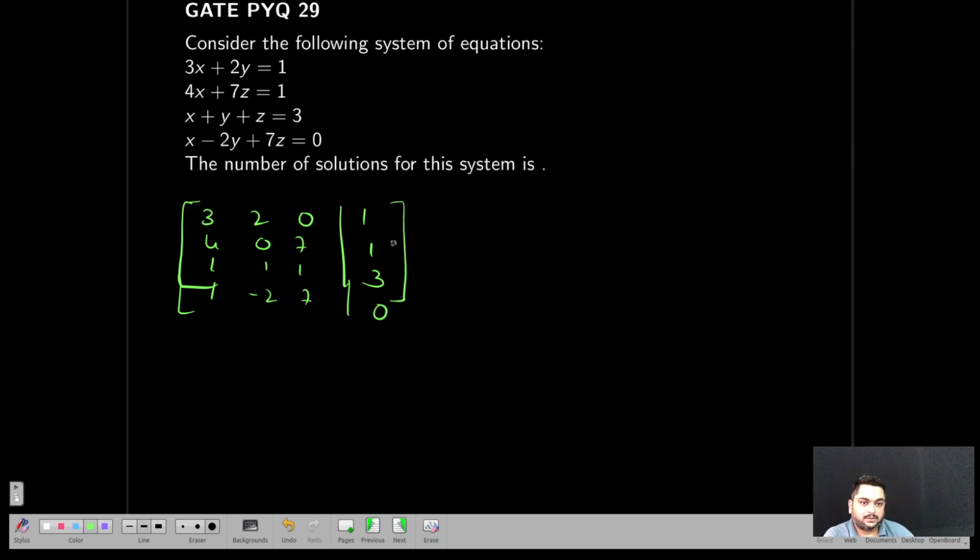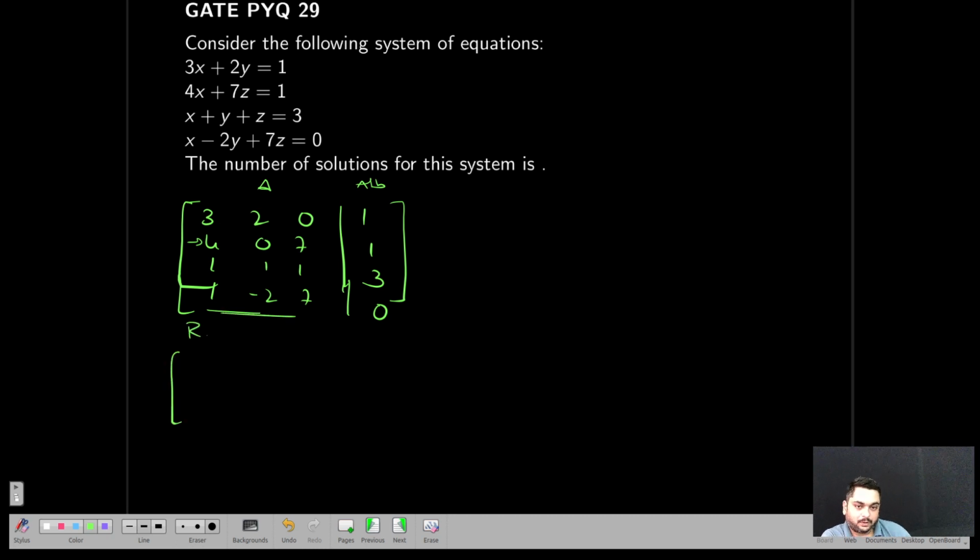Okay. First you check the consistency, that is, rank of the coefficient matrix is equal to rank of the augmented matrix. So try to make this 1.